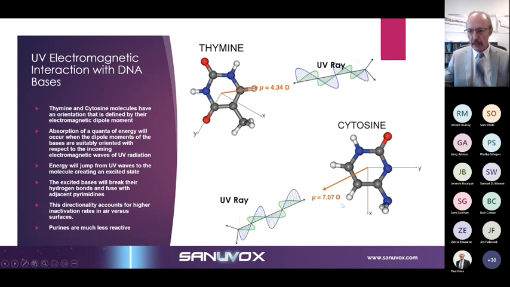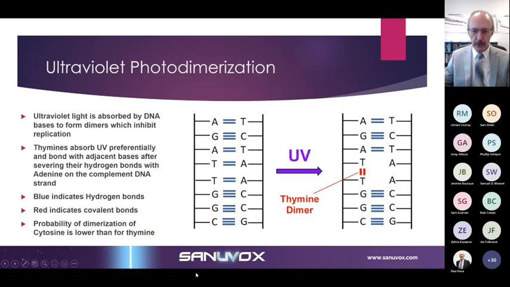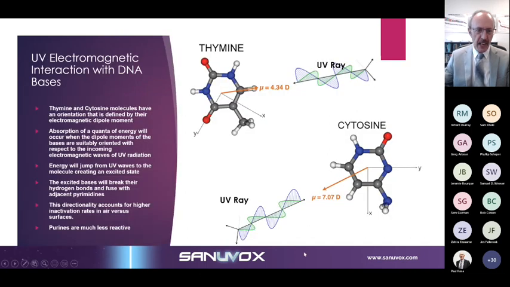Cytosine has a much higher dipole moment, but still it will absorb UV photons, although at a somewhat lesser rate. Energy will jump from the ultraviolet waves to the molecule, creating an excited electron state. The excited bases will break their hydrogen bonds, and fuse with adjacent pyrimidines.